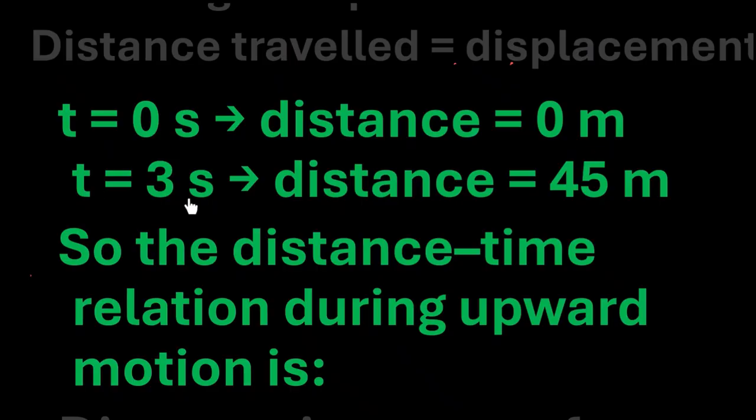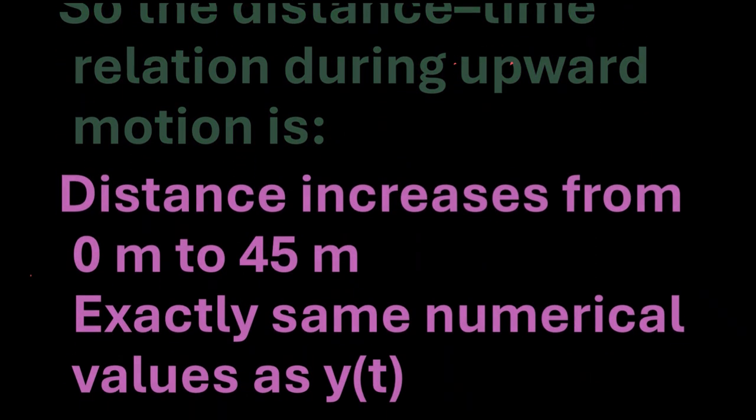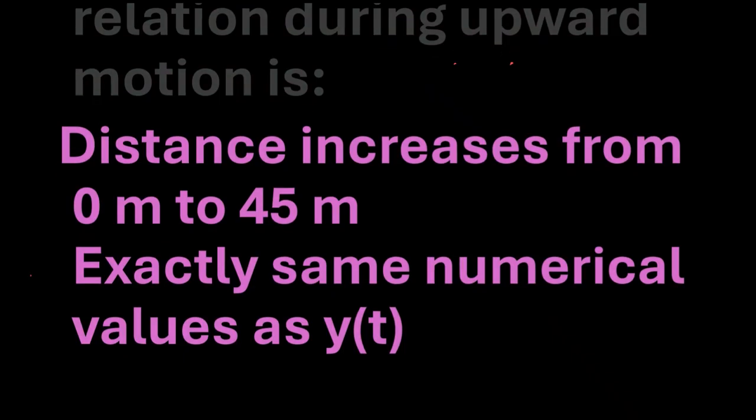If t is equal to 3 seconds, displacement is 45 meter, distance is also going to be equal to 45 meter. So the distance-time relationship during upward motion basically is the same as that of displacement. Which means as displacement goes up from 0 to 45, distance increases from 0 to 45 as well. It is exactly the same numerical values as for y of t, which is displacement.